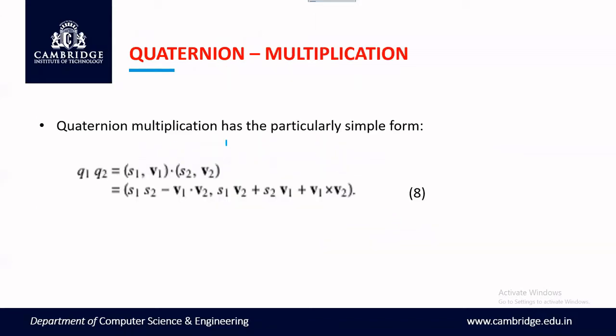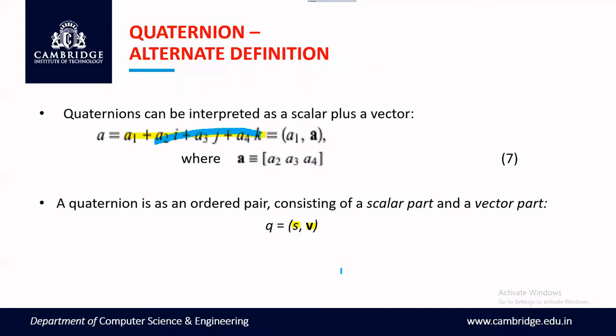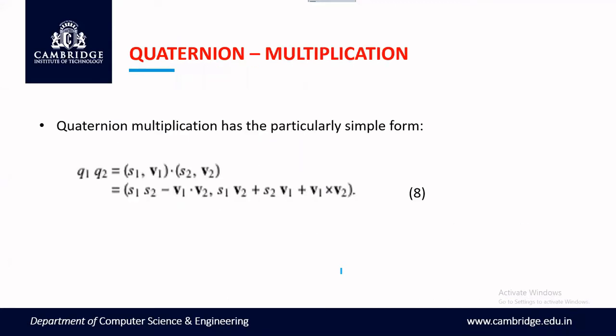Now, for multiplication, we saw we had this huge formula. Instead, if we use the scalar-vector form, we can easily multiply two quaternions Q1 and Q2 defined by S1, V1 and S2, V2. The scalar part is S1 into S2, where S1 and S2 are scalar quantities, so this is a normal multiplication, minus V1 dot V2, where V1 and V2 are vectors and V1 dot V2 is the dot product or scalar product.